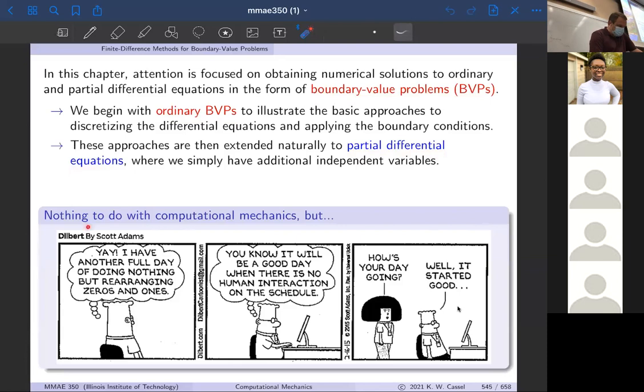Haven't had any Dilbert cartoons for a little while. So this is kind of a typical coder. "Yay, I have another full day of doing nothing but rearranging zeros and ones, which means coding." What's actually happening on a computer is there's just switches, 0 and 1. So everything that you tell the computer to do is really getting boiled down to just zeros and ones.